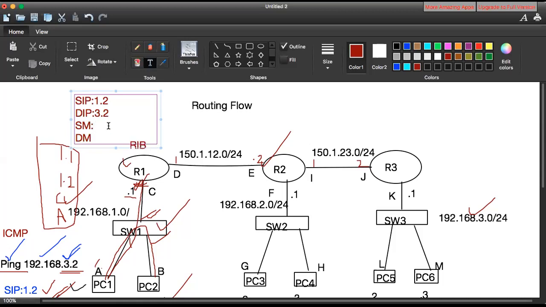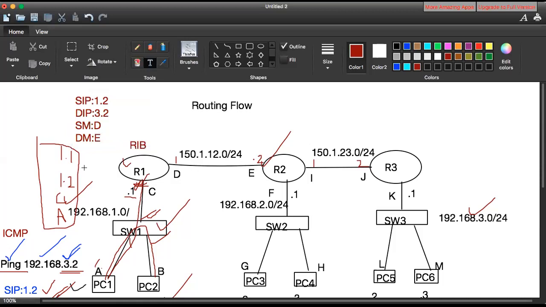So you would be using source MAC as D and destination MAC as the next hop IP's MAC address, which is E. Again, R1 doesn't know what the MAC address of dot 2 is. R1 has to send an ARP request to learn the MAC address of dot 2.